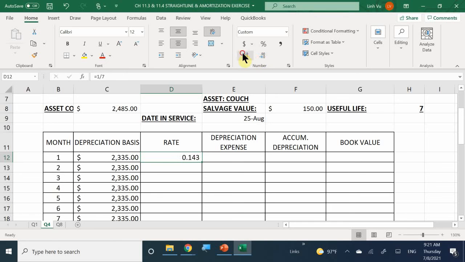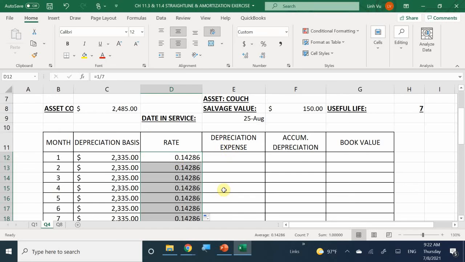And what do we know about the rate? It's the same thing going all the way down.